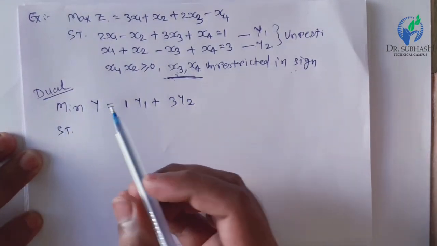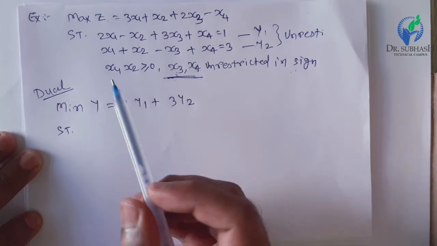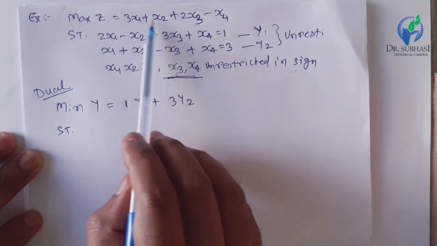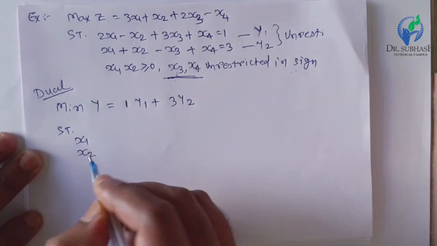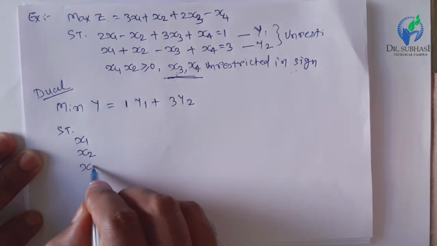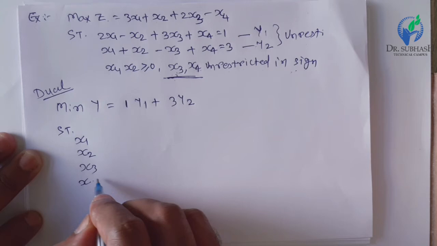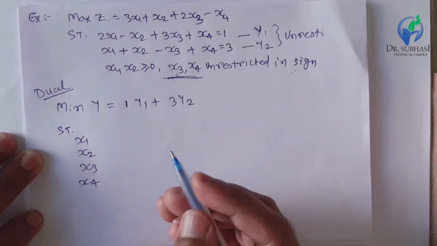Here there will be 4 constraints, because in the primal there are 4 variables. The first constraint is related to x1, the second to x2, the third to x3, and the fourth to x4.